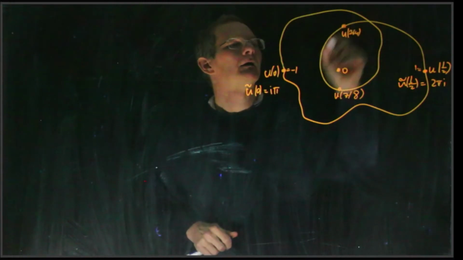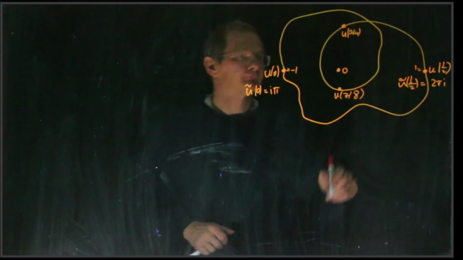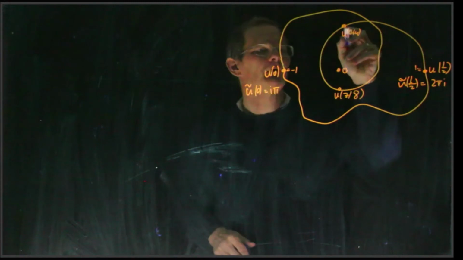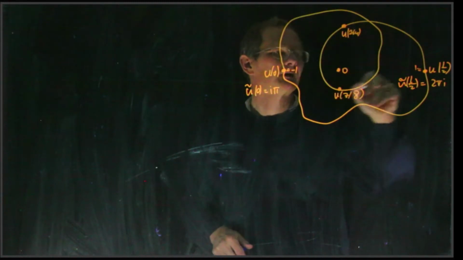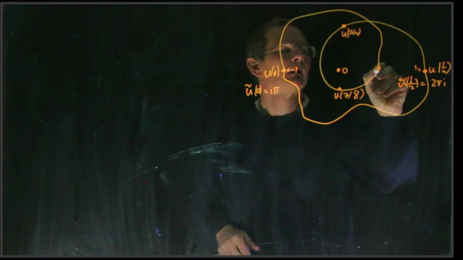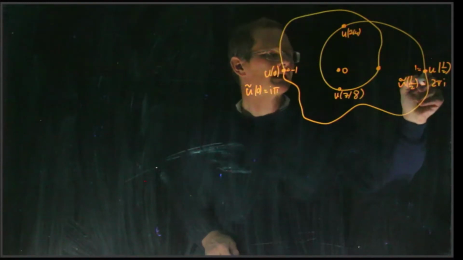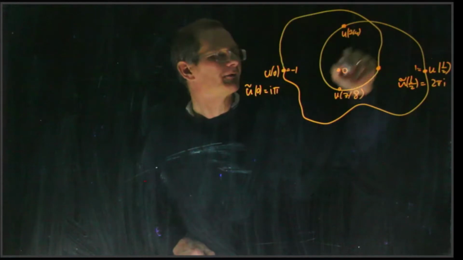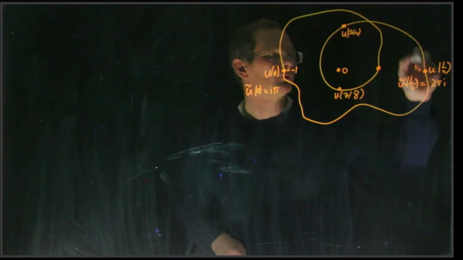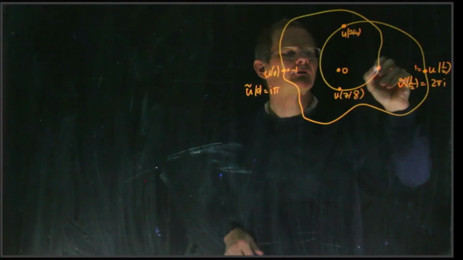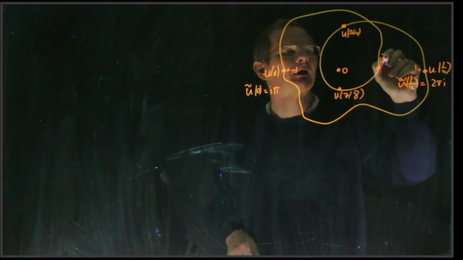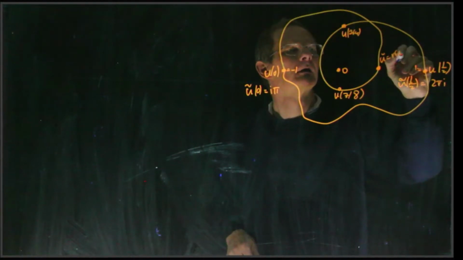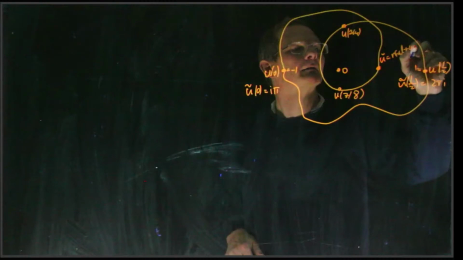And then as you get around to here again, let's go all the way over to here, right? So now, going from here to here, you've gone all the way around, and you're going anti-clockwise. So the angle is always increasing, and so here u tilde has got to be real plus 4 pi i.